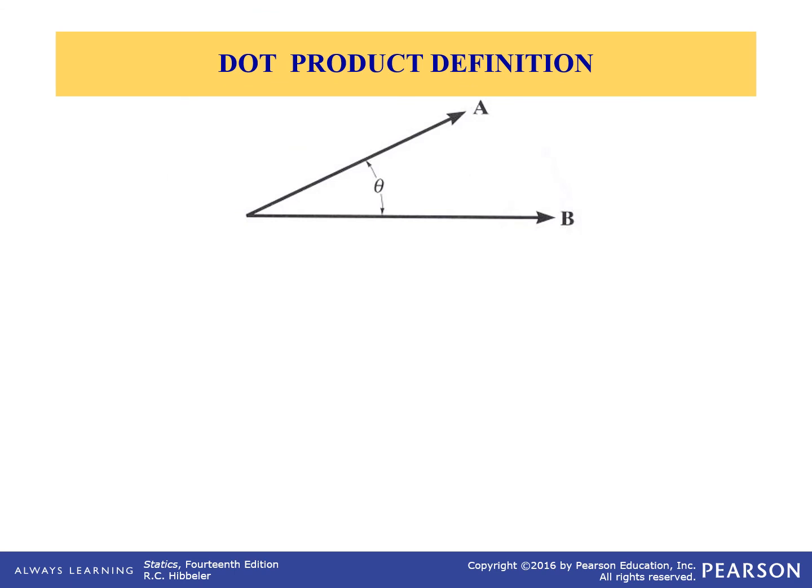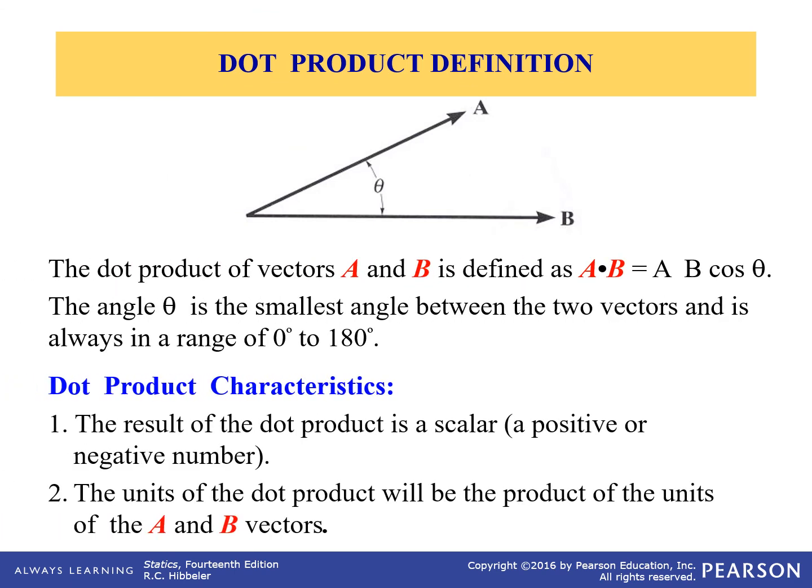The last concept that we talk about in this chapter is the dot product. The dot product is a way for us to find a projection of one vector upon another. When we do a dot product, we've got two vectors, in this case A and B, as you can see from the picture.